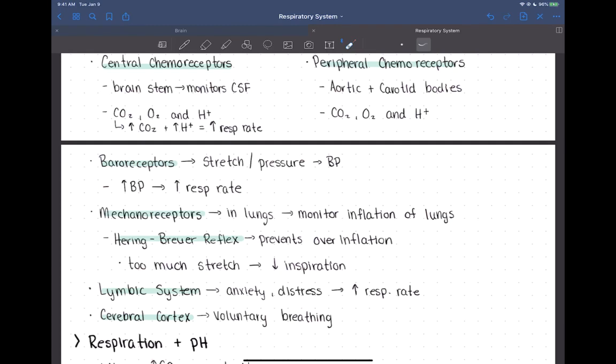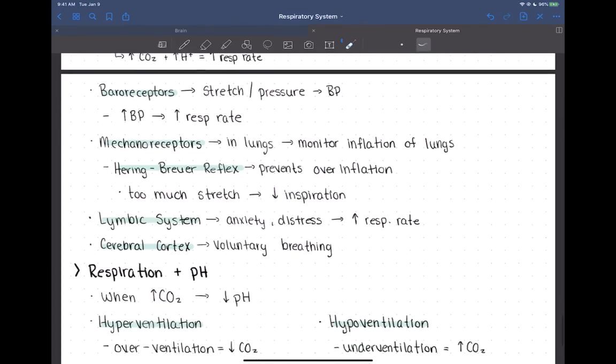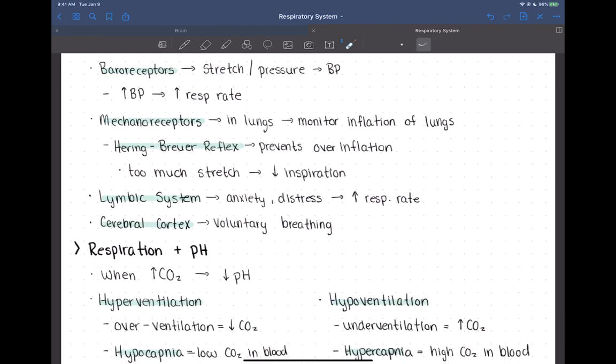Now these mechanoreceptors are unique for the lungs, and they're very interesting. Mechano just means that they respond to some sort of physical, mechanical change. They're located in the lungs themselves, and they monitor how inflated the lungs are.